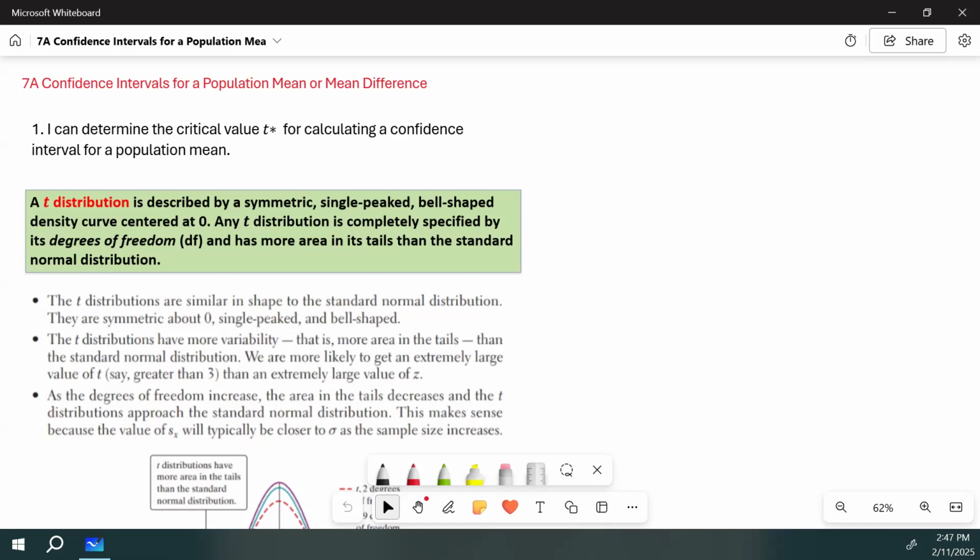Now, the T distribution is described by a symmetric, single-peaked, bell-shaped density curve centered at zero. Any T distribution is specified by its degrees of freedom and has more area in its tails than the standard normal distribution. So we'll talk about how to do all of this in a little bit.